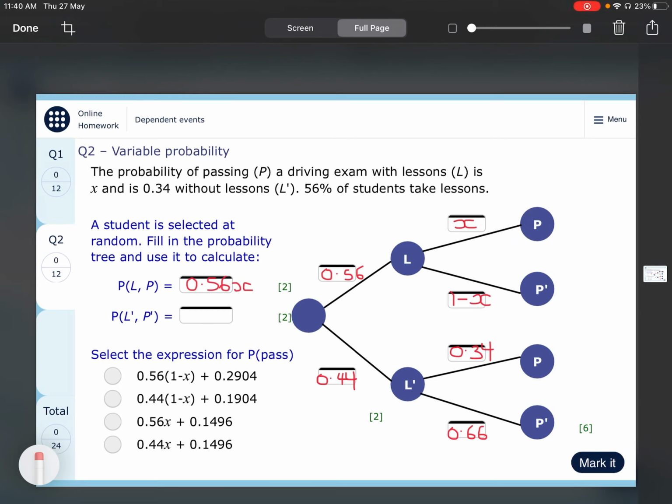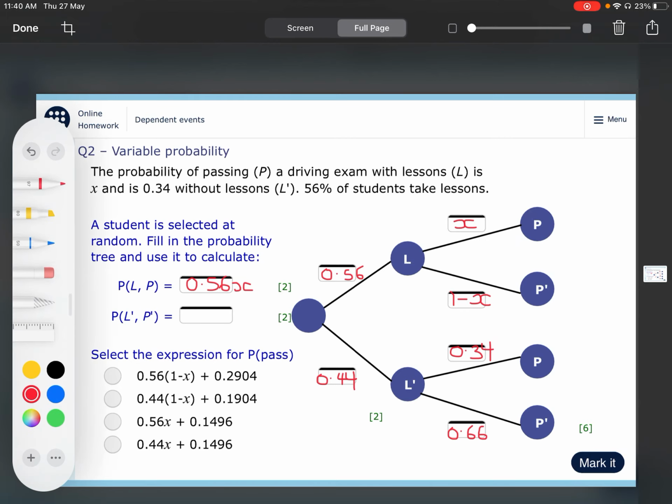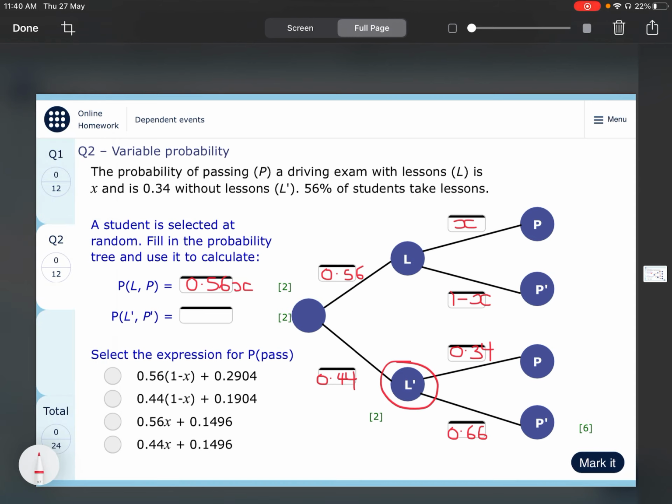Then the next one is L dash, which is this one, and P dash, which is this one. And that's going to give me a numerical answer. So 0.44 times 0.66, which I'm going to write in decimal form, which is 0.2904. So that was 0.44 times 0.66.